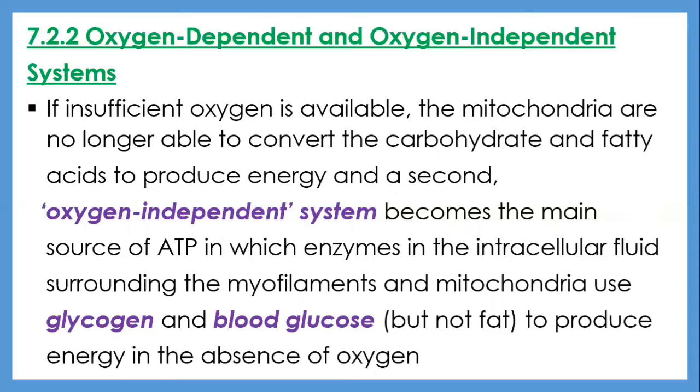Now, this backup system actually operates at all times, even at rest, but it is inefficient and produces much less energy per glucose molecule than the oxygen-dependent system. And furthermore, it produces waste products that actually cause the acidity of the muscle cells to increase.